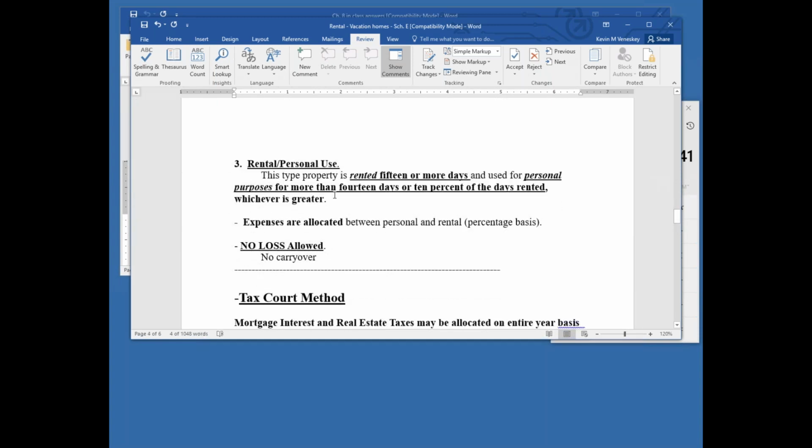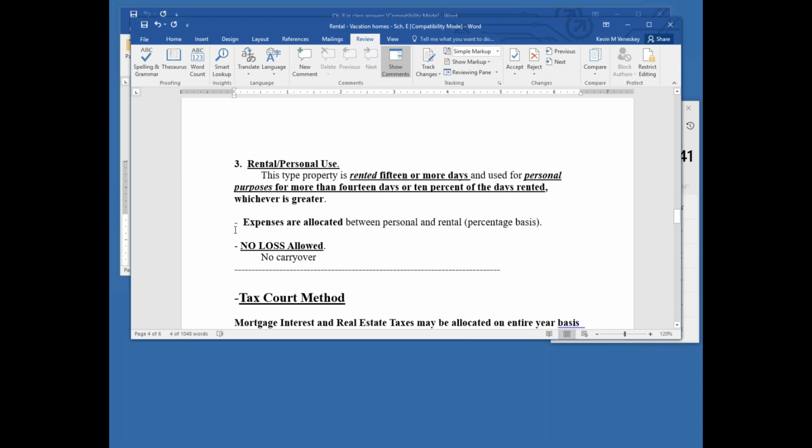All right, the third option, the final option, if you don't fit in one of the first two, you're going to fit in this one. So the property is rented 15 or more days, and you use it for more than 14 days, or 10% of the days rented, whatever is greater. Okay, so you fall in between.